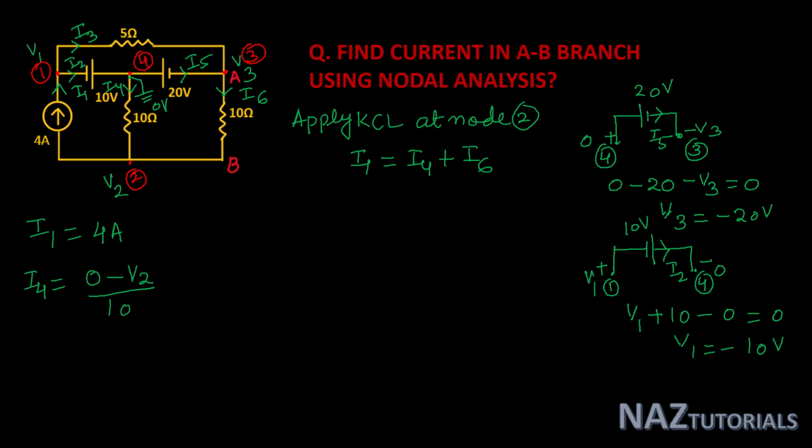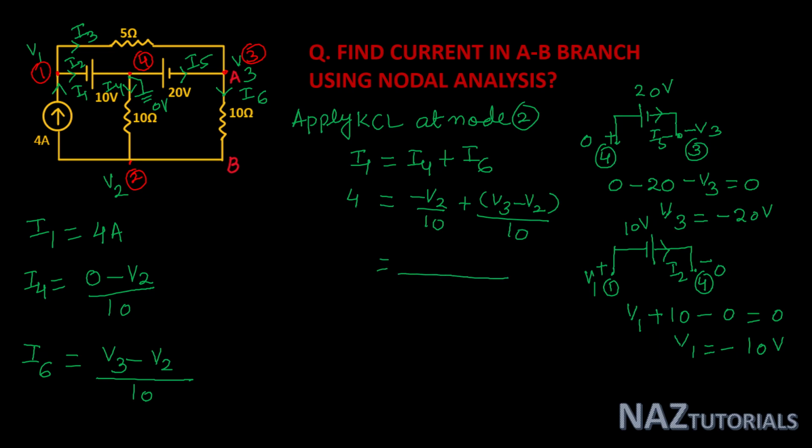Now see the value of I6. I6 is flowing from node 3 to node 2 through the 10 ohm resistance, so initial voltage V3 minus final voltage V2, divided by the branch resistance of 10 ohm. Put all these values: 4 is equal to minus V2 divided by 10 plus V3 minus V2 divided by 10.